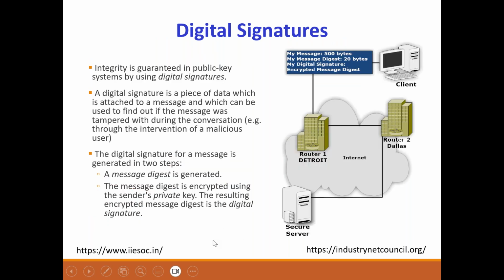Okay, so leaving key exchange aside, let's talk about another whole set of protection mechanisms. This is called digital signatures.